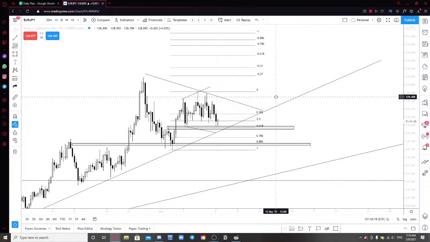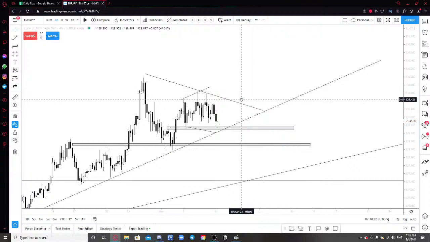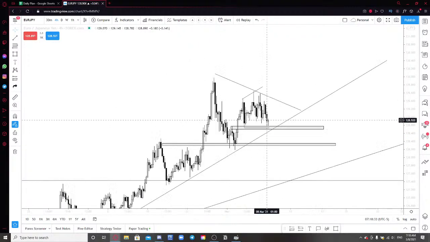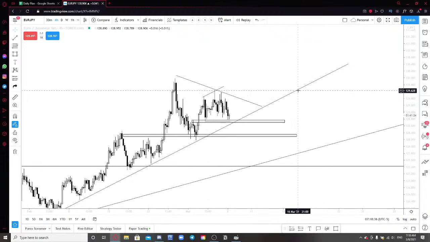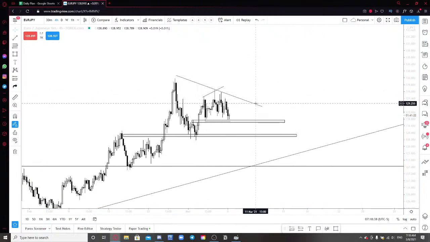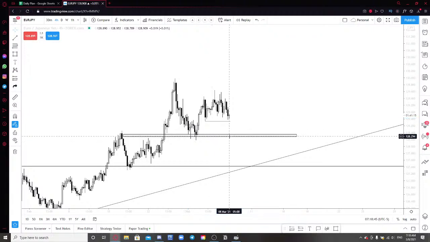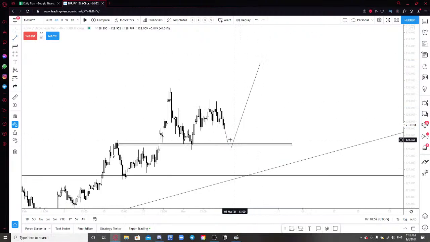Yeah, that's not it. Not liking it, not liking it. Yeah, so I'm gonna have to cancel this setup. If I can't recognize the pattern, I can't take the trade. So now that that setup's no longer valid, I'm looking for prices to get on here for potential buy.